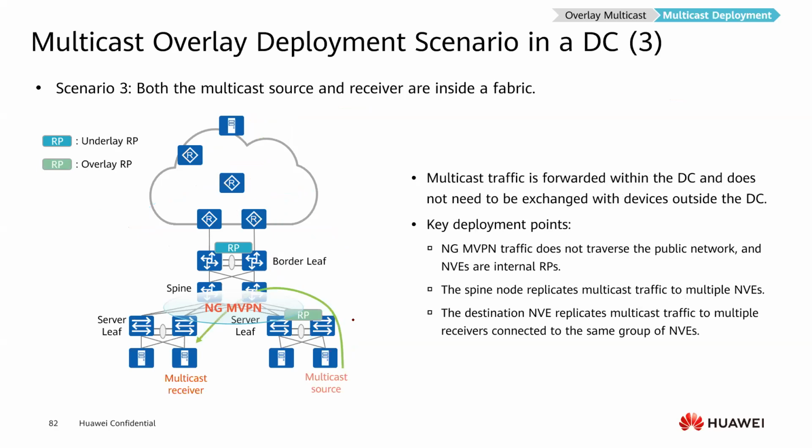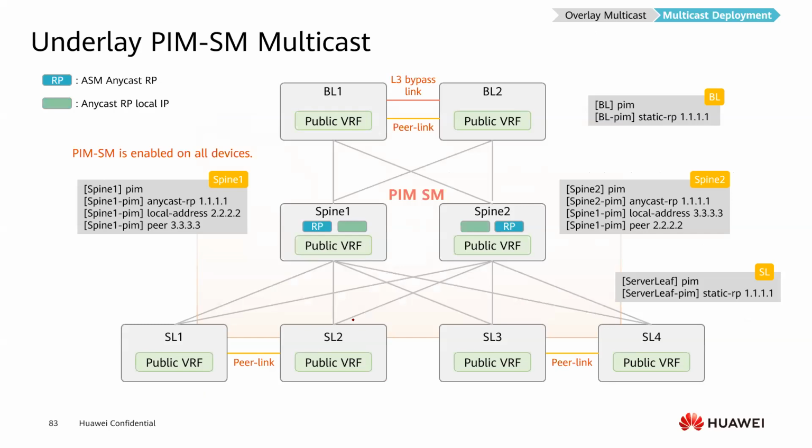Another scenario is that both the multicast source and the receiver are inside the fabric, so it will not be different. We just need to deploy NG MVPN, and we need to deploy PIM SM in the underlay. For the underlay PIM SM multicast, we need to see the configuration key points.